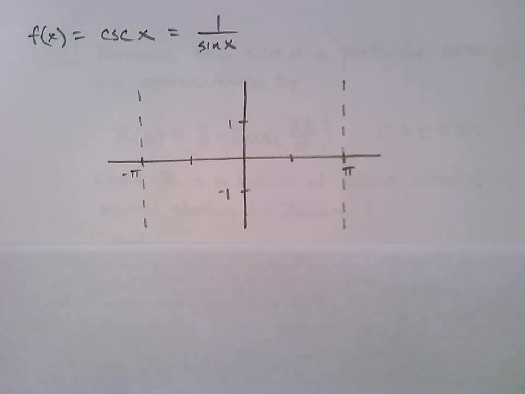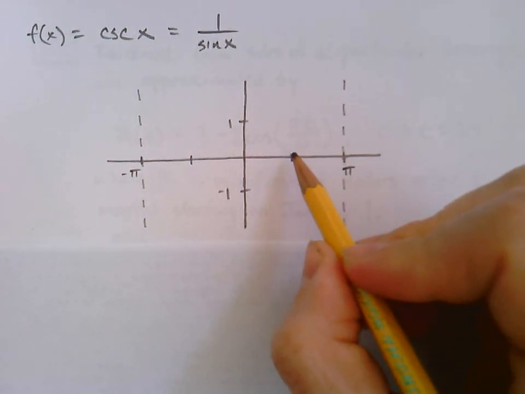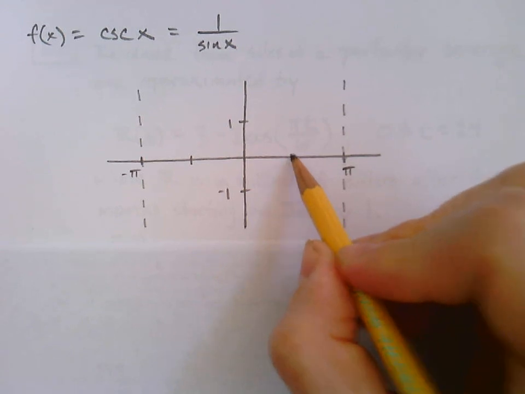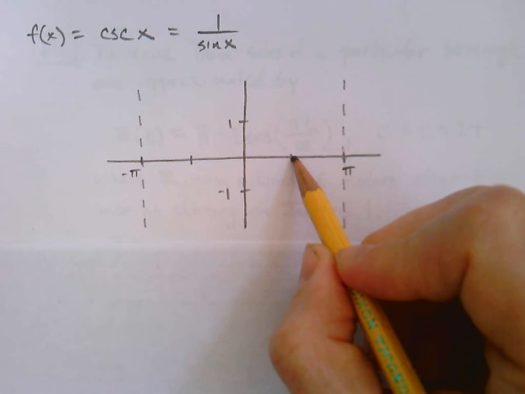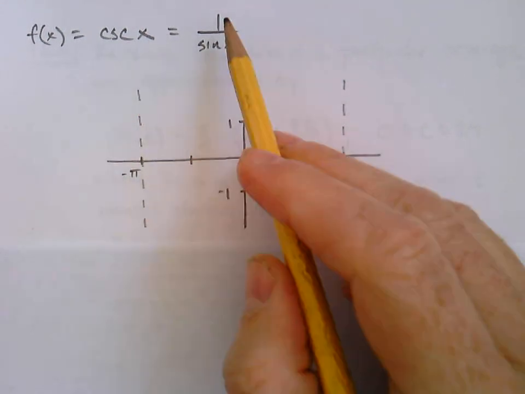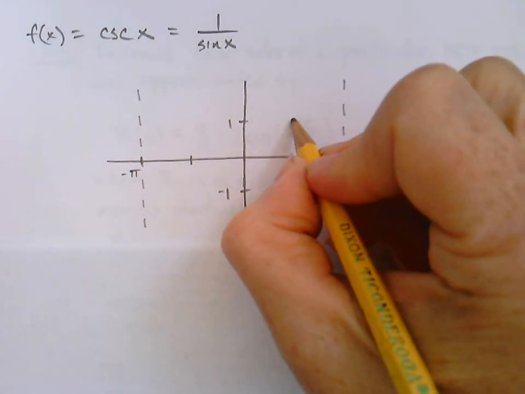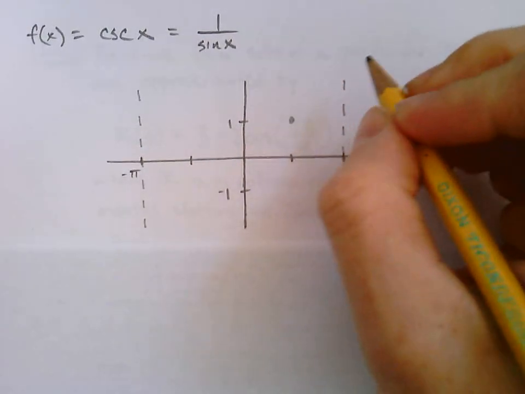Okay, so what happens between these things then? Well, it turns out at pi over 2, if you remember the value of sine, the sine of pi over 2 is 1. So at that moment, cosecant would be 1 over 1. It's going to be right here. And then, I'll just tell you the rest.